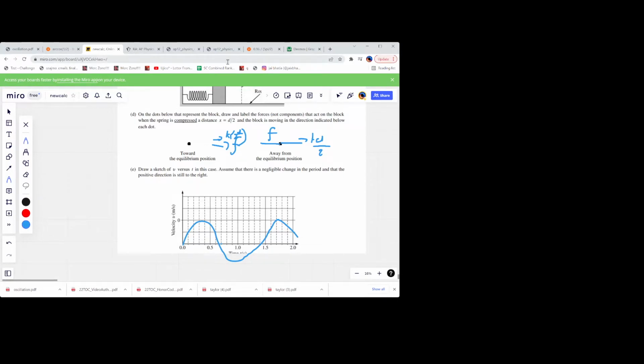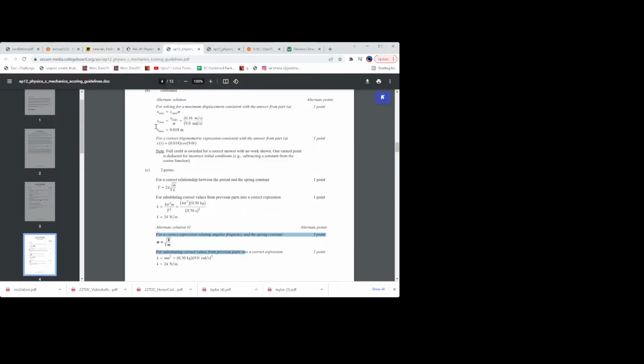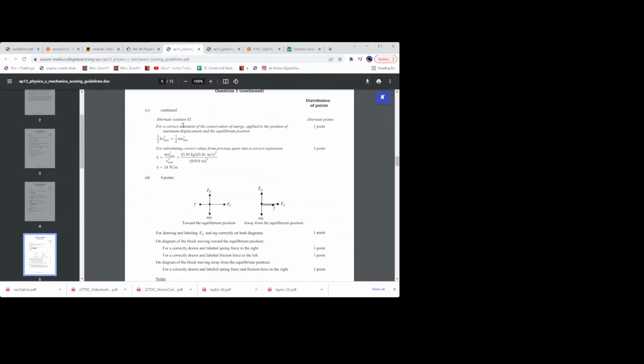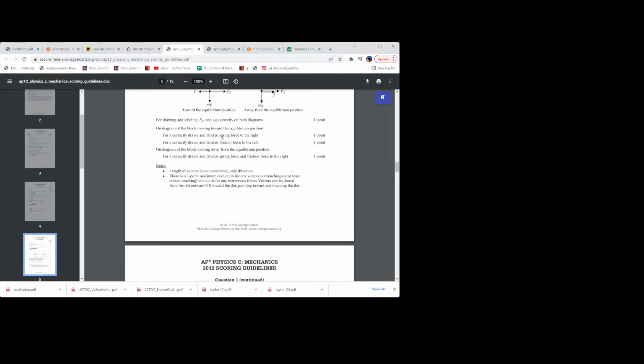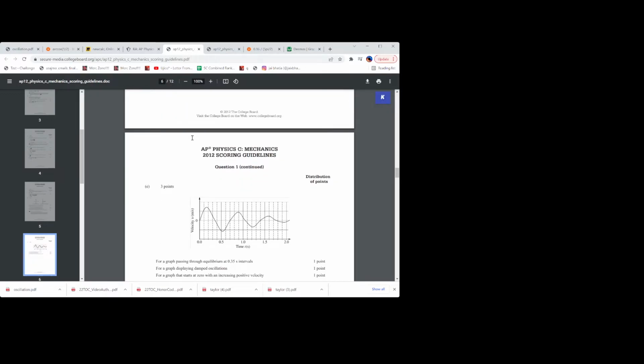Now, what worries me about this is that we're not given a negative y-axis. So, yeah, okay. Oh, right, I forgot about the damping.